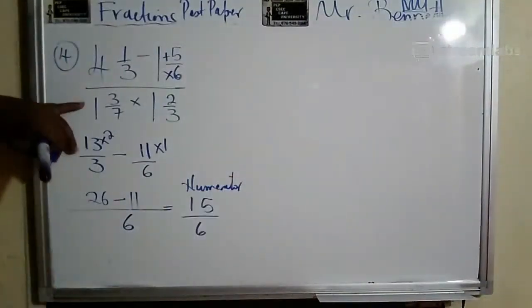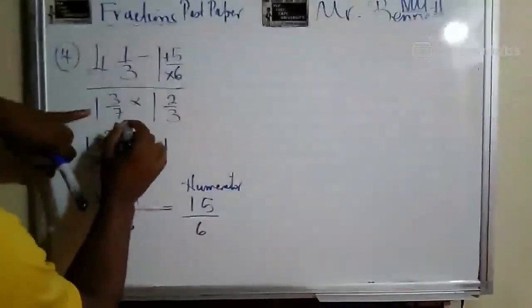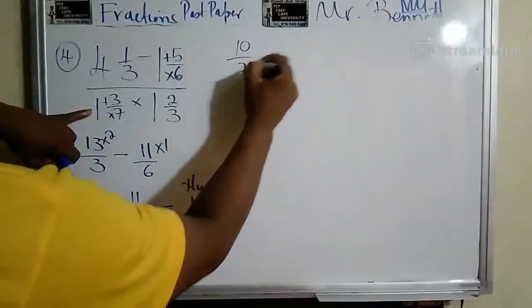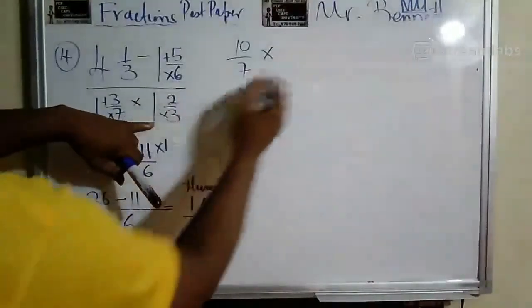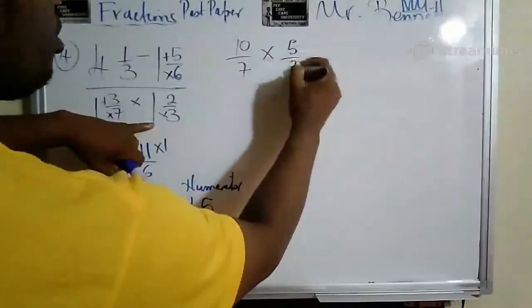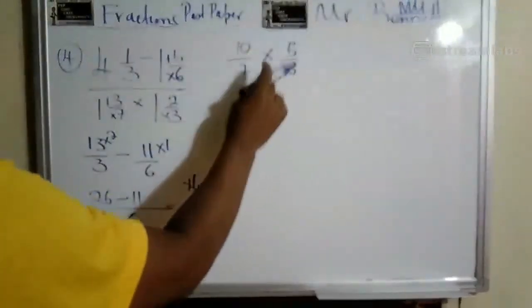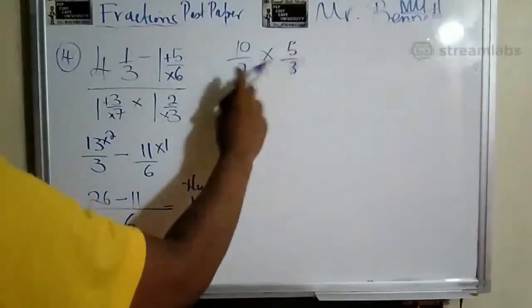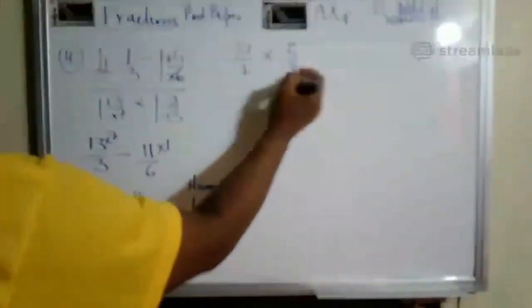So now let us work the denominator. So 1 times 7 plus 3, that's 10 over 7, times 1 times 3, that's 3 plus 2, that's 5 over 3. Now, as you see, we cannot cancel anything because these are prime numbers, and there is no number that can go into them.